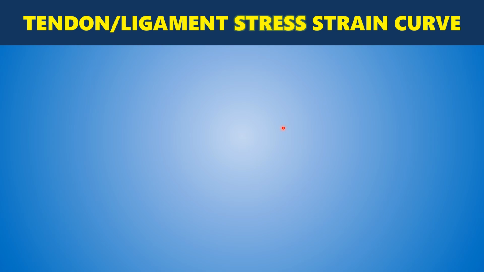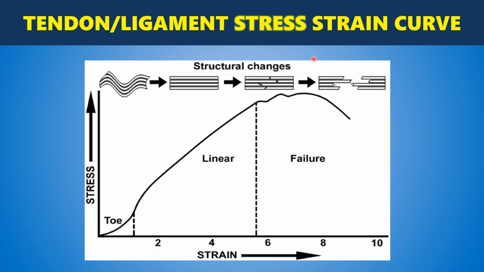Now, with respect to tendon and ligaments, when you want to describe the stress strain curve, I want you to pay attention to what is known as the toe region. It is a non-linear elastic phase, initially traveled under minimal stress as the crumpled fibers straighten out.